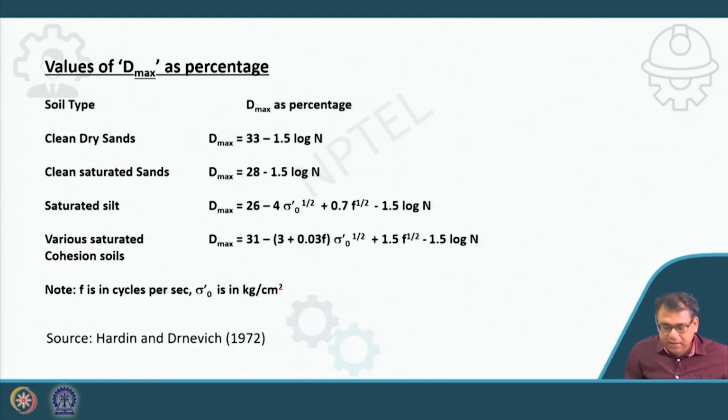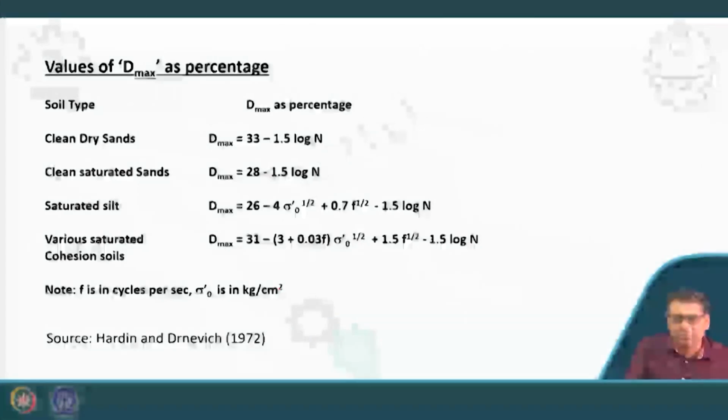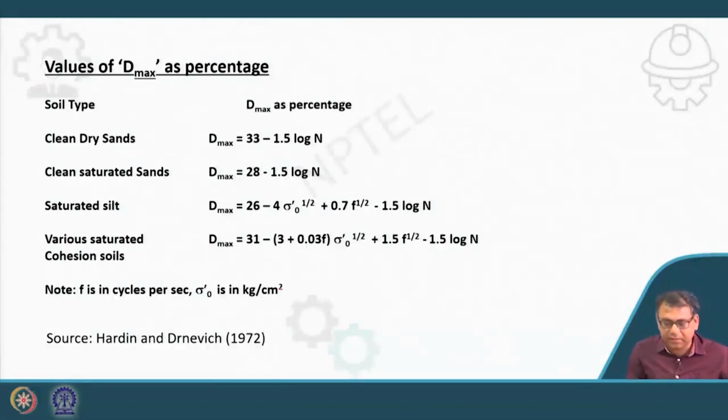Now similarly, another table is given for the D max, the maximum damping in percentage. How will I get that? The soil types are again clean dry sand, clean saturated sand, and saturated cohesive soil, and this is D max in percentage.